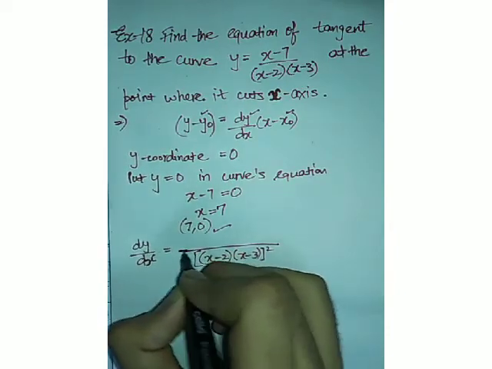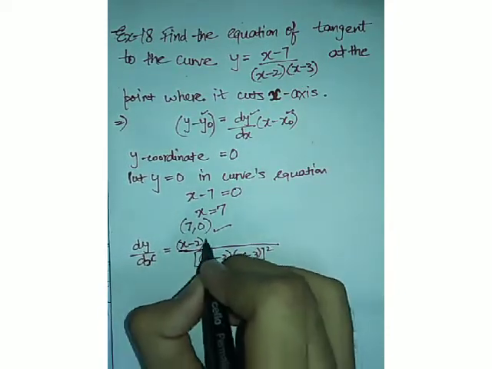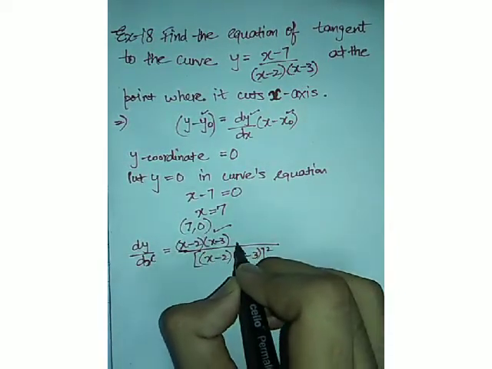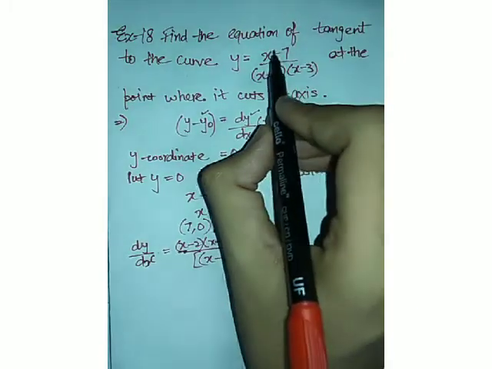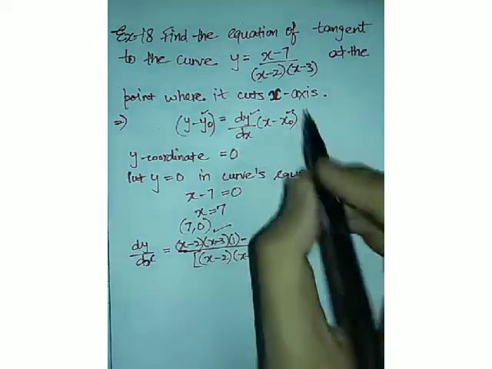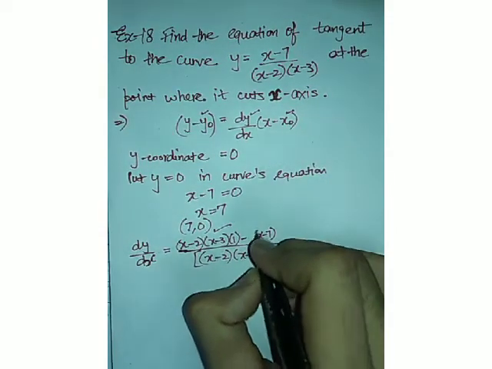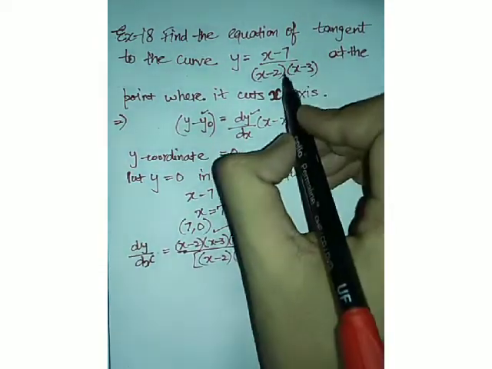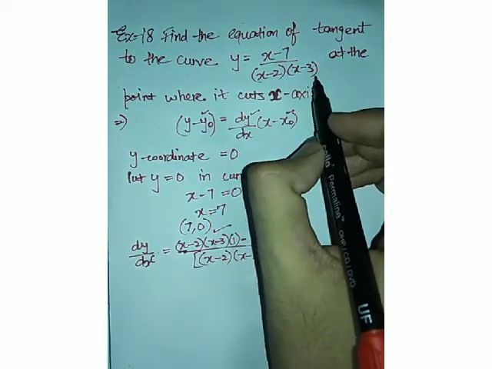First is v, it means x minus 2 x minus 3, then differentiation of u. Now what is u? That is x minus 7, the differentiation will be 1 only. Then minus u, it means x minus 7, times differentiation of v, x minus 2 and x minus 3.